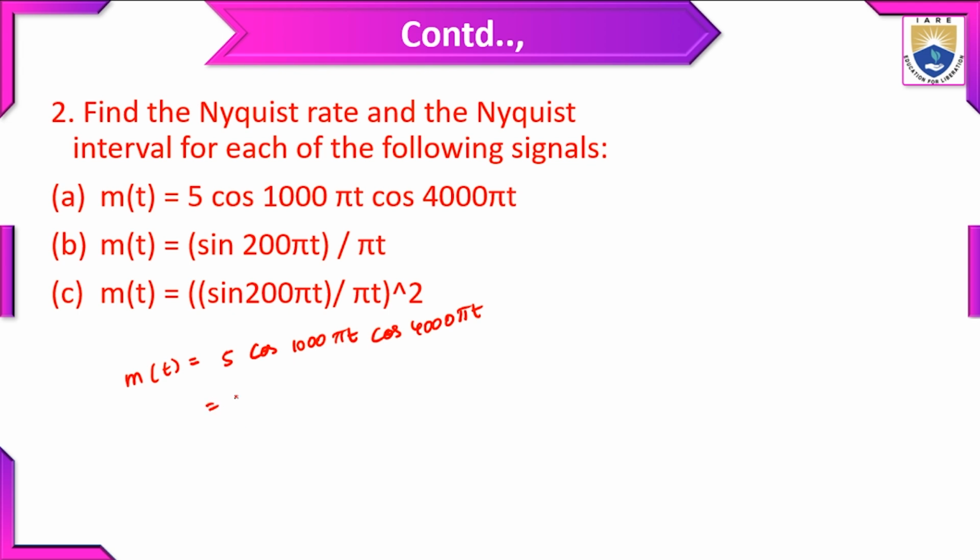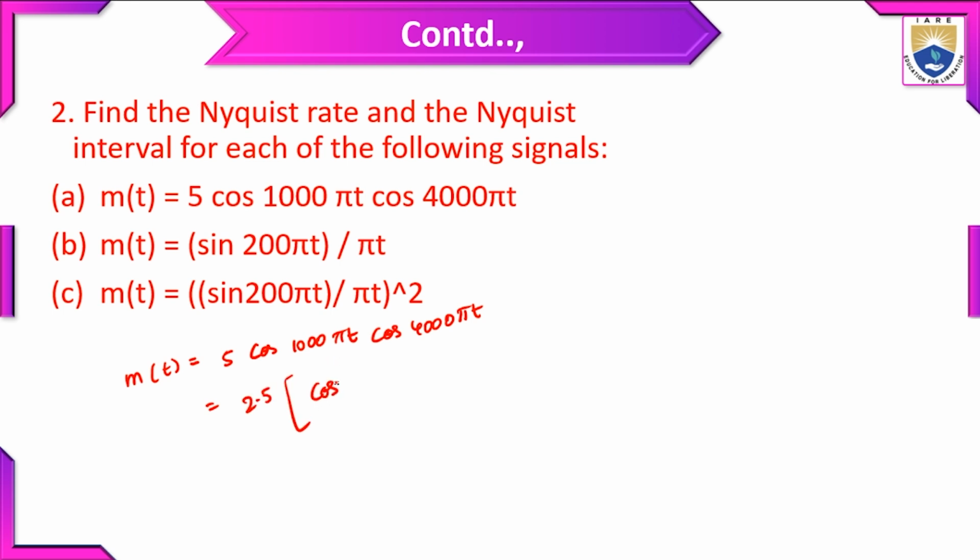Here we are taking cos of A plus B and cos of A minus B. You can consider the trigonometric formula, since it is in the form of cos A cos B.